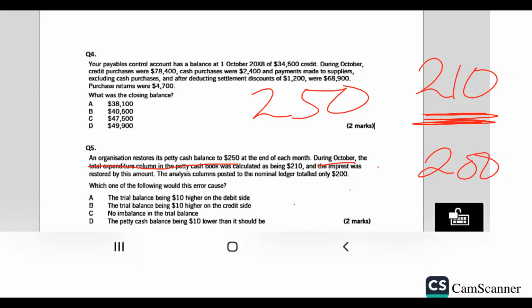So the question is, which of the following would this error cause? There is an error here. So maybe let me start by asking, what is an imprest? What do you understand by imprest? Anyone? What comes to your mind when you hear imprest?